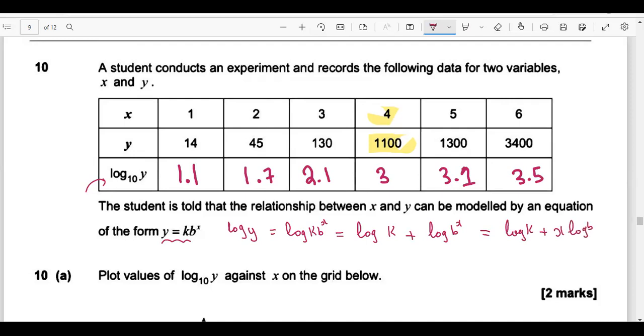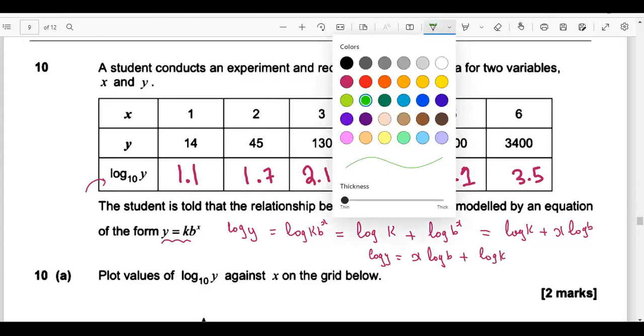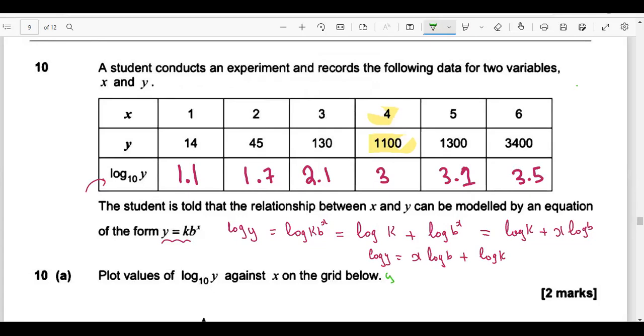If I write down the equation together, it gives log y equals x log b plus log k. And underneath, y equals mx plus c. So this is a straight line.